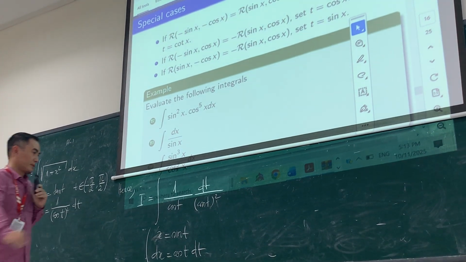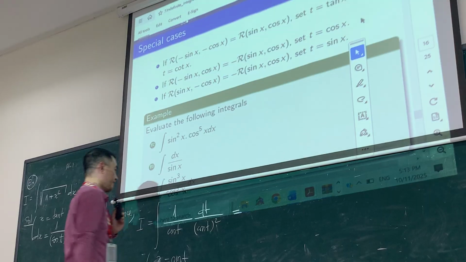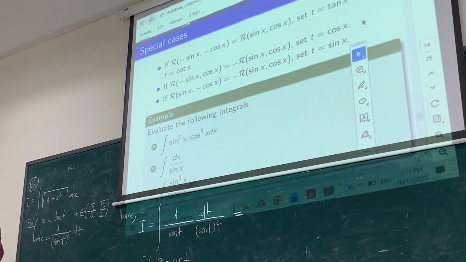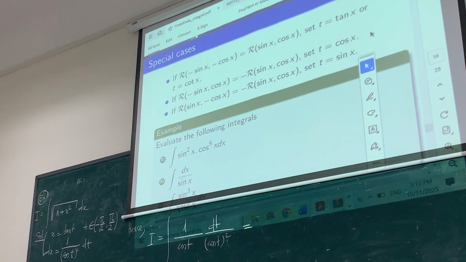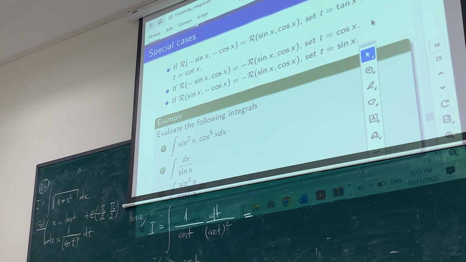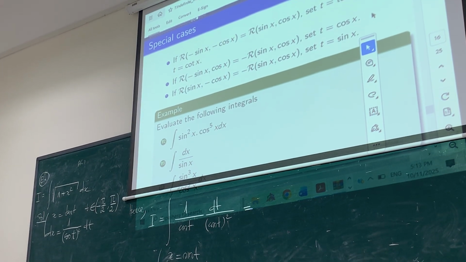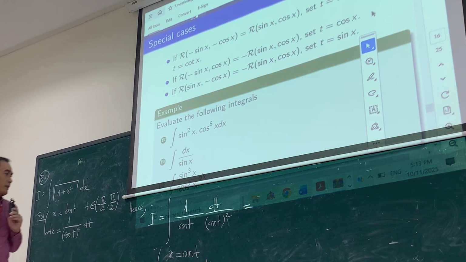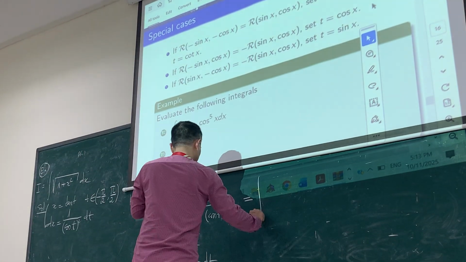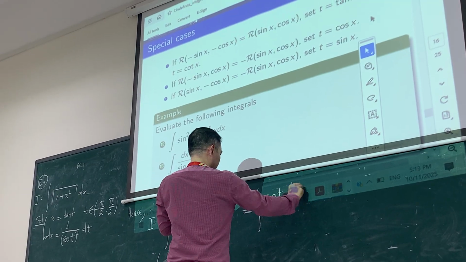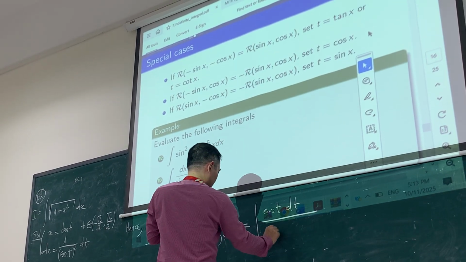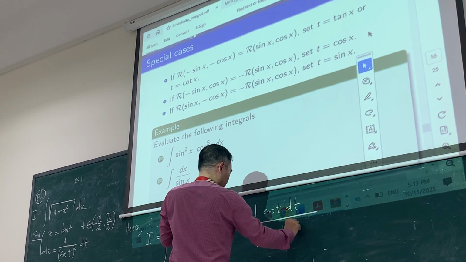The integral becomes cosine t dt over cosine t to the power 4.